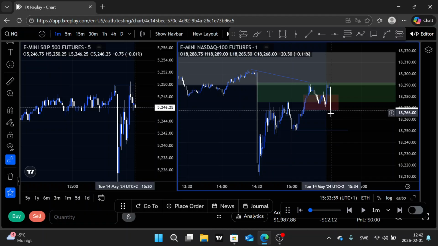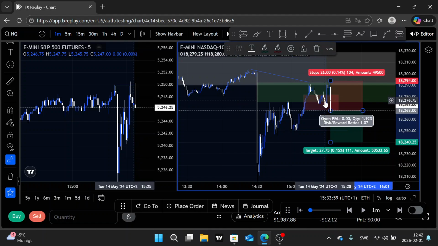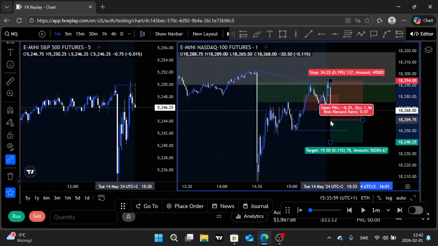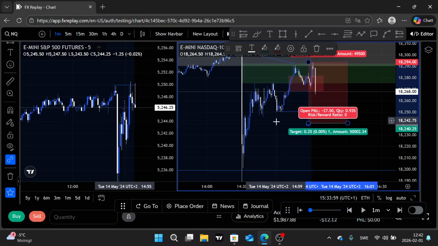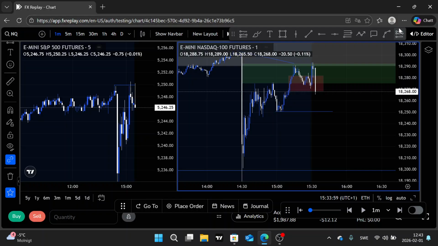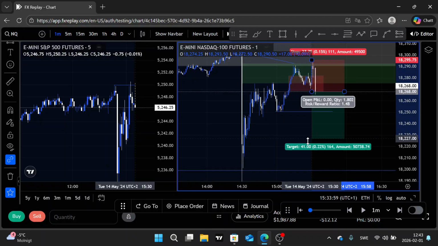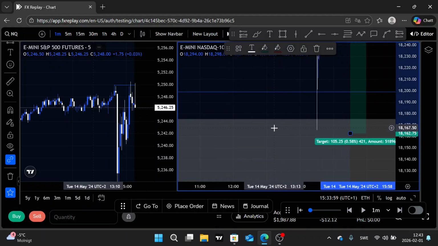Here is where I could take a short, having my stop loss above this protected high, and target this, and where is those?